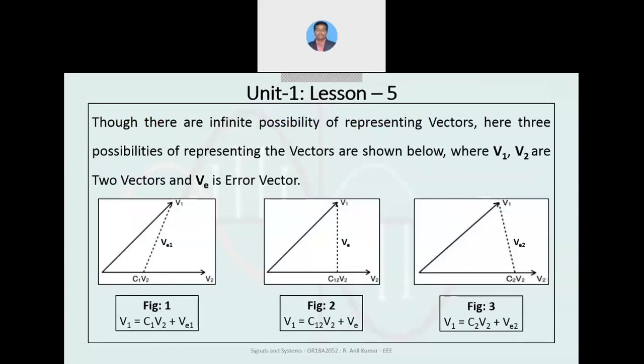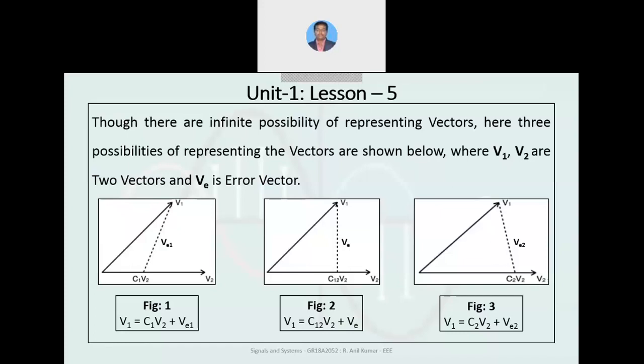As you know, we want to express v1 in terms of v2. So we are considering two vectors v1 and v2, making some angle theta. We are not measuring with what angle, and we want to draw a vector ve1 such that v1 can be expressed in terms of v2.